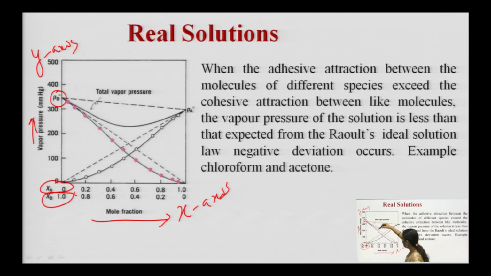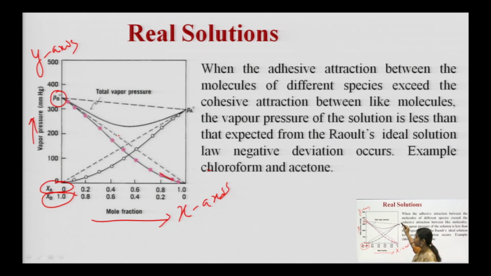If it had followed Raoult's law, this dotted line would have represented its lowering of vapor pressure, but here the solid line with the pink dots denotes the lowering of vapor pressure of B.